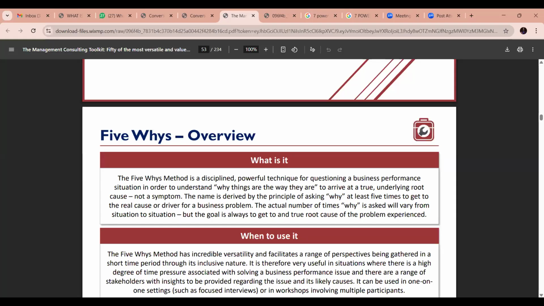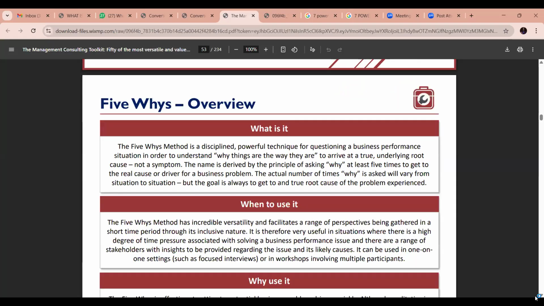It's in your toolkit. The 5 whys is a very, very powerful tool. And then we're going to look at an example now. It is a disciplined, powerful tool of questioning a business performance situation in order to understand why things are the way they are, to arrive at a true underlying root cause, not symptoms.